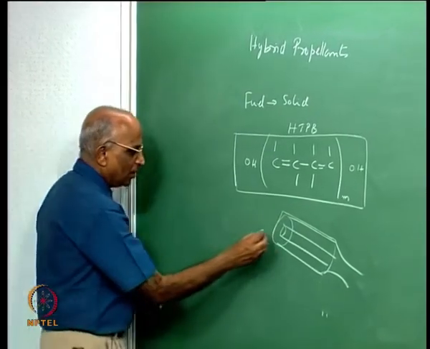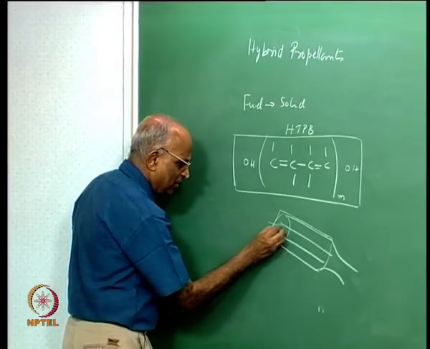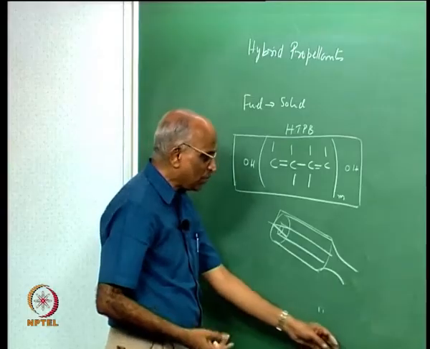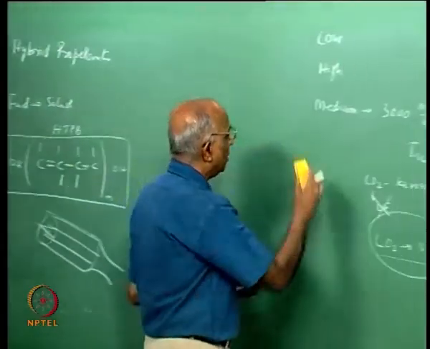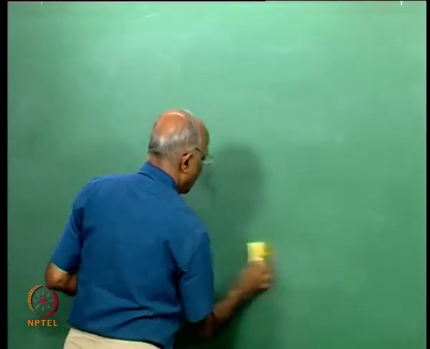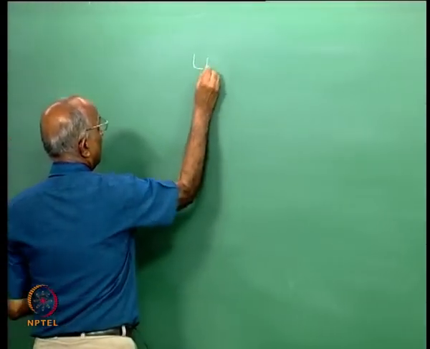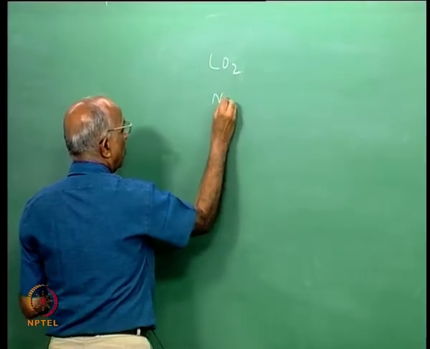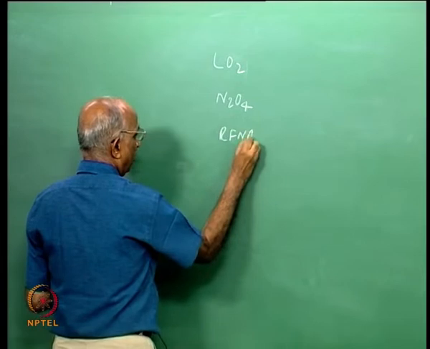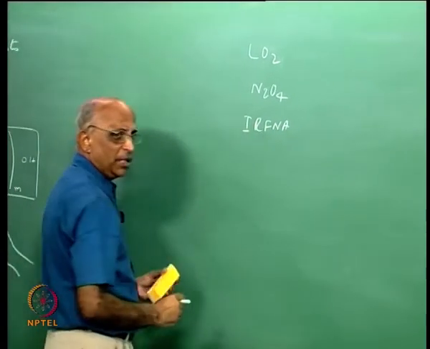You inject oxidizer into it, and the oxidizer could be anything we have considered. What are the oxidizers we have been talking of so far? We said oxidizers could be liquid oxygen, could be N2O4, could be red fuming nitric acid, better still inhibited red fuming nitric acid.